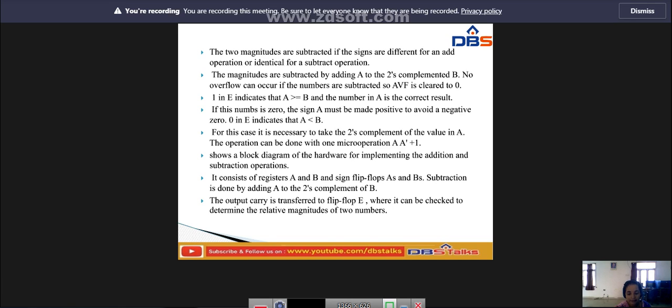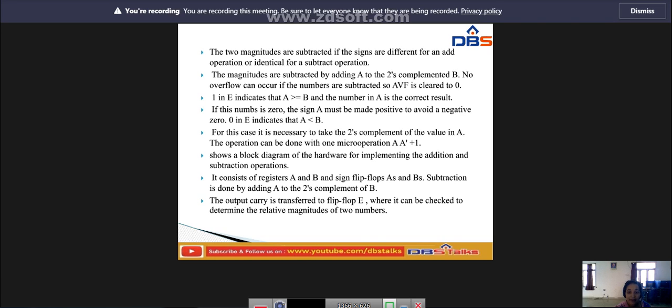Here we have a block diagram of the hardware for implementing the addition and subtraction operations. It consists of registers A and B and sign flip-flops AS and BS. Subtraction is done by adding A to the 2's complement of B. The output carry is transferred to flip-flop E, where it can be checked to determine the relative magnitude of the two numbers.